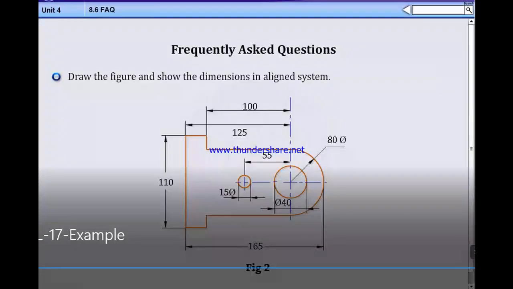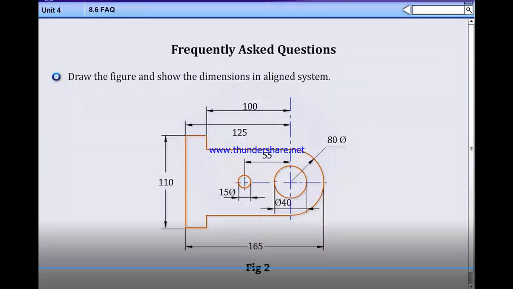Now some examples of previous questions asked in examinations.